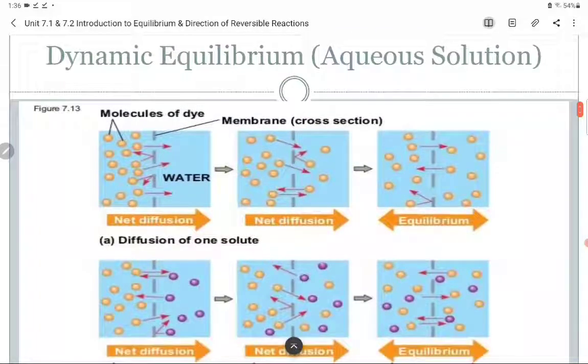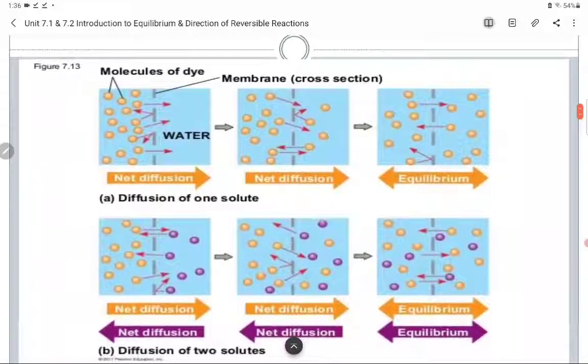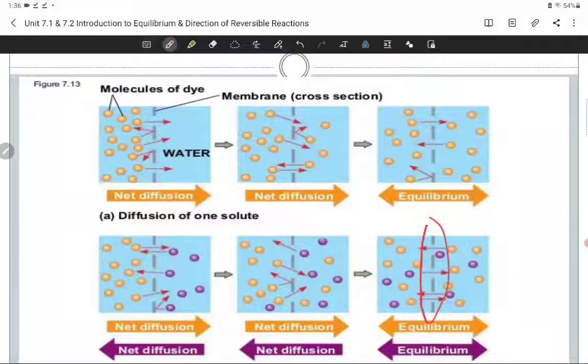And again, I said dynamic because everything is still moving. And I threw this one in here, aqueous solution, because this is where it was represented in biology, osmosis of water, movement of water. So I guess here's your semi-permeable membrane, and some things can go back and forth. Water's going to be moving also, but it looks like we have some sort of dye or dyes that are moving from one side to the next.